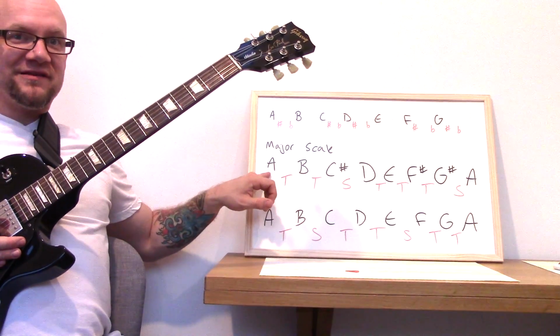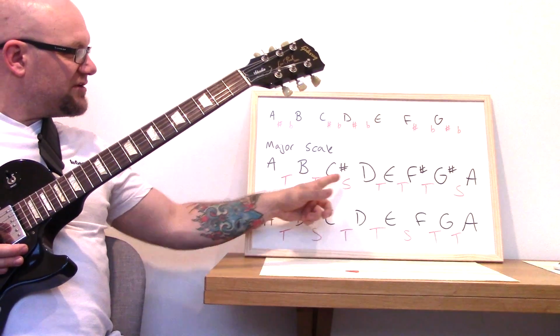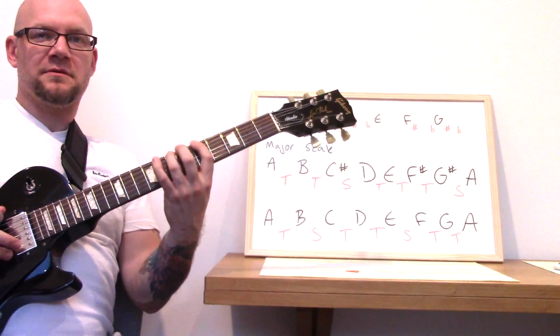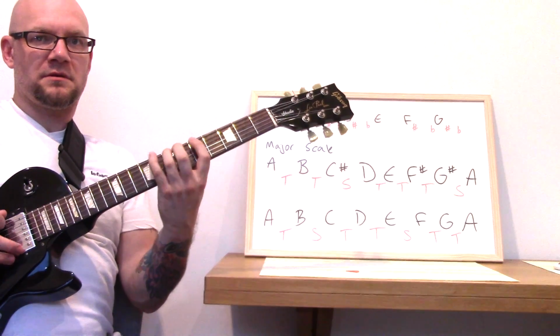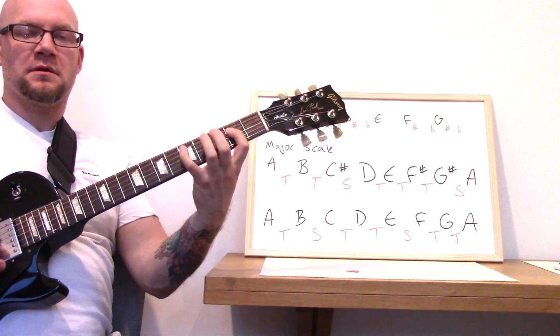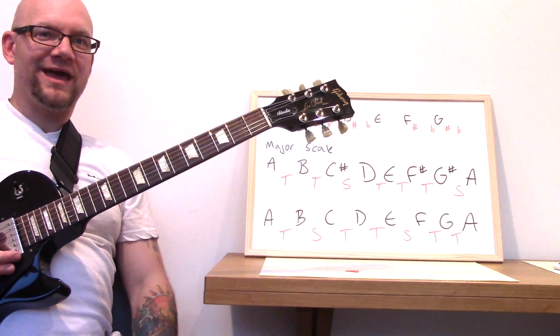A also has a relative minor, and again it would be on the 6th note. So 1, 2, 3, 4, 5, 6. So it would be an F sharp minor. So this pattern, if I start that on an F sharp, that is the relative minor of A major.